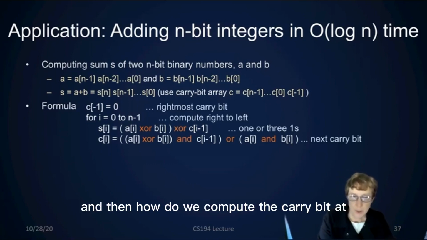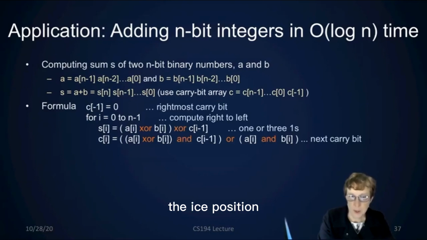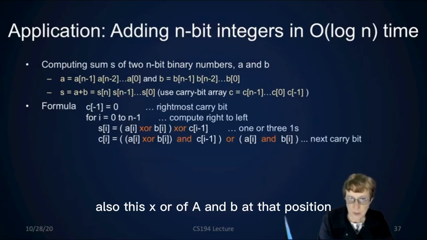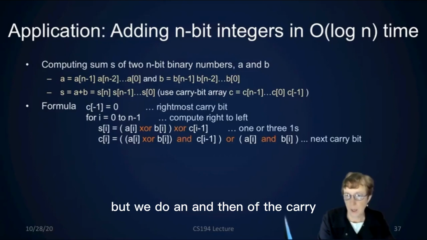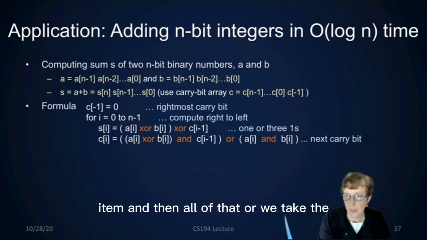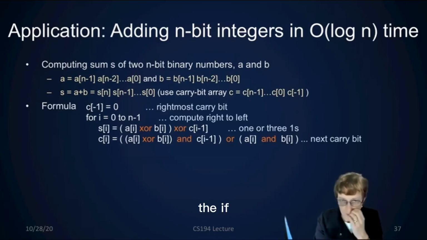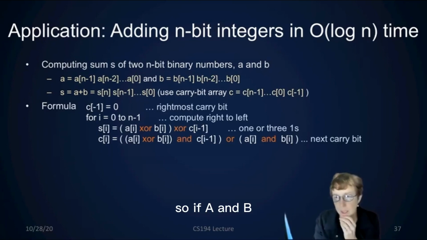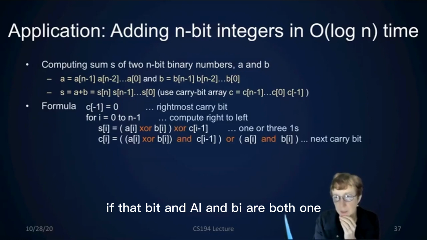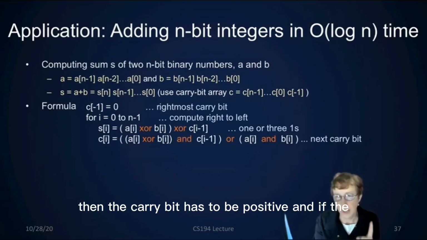And then how do we compute the carry bit at the ith position? Well, we take the XOR of A and B at that position, and we AND that with the carry bit. And then we OR that with the case where A_i and B_i are both 1, then the carry bit has to be positive.